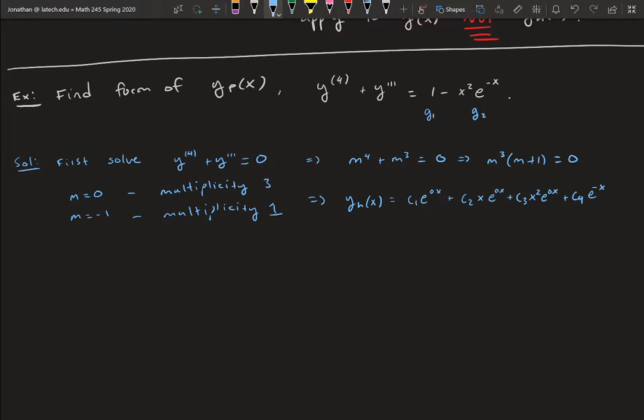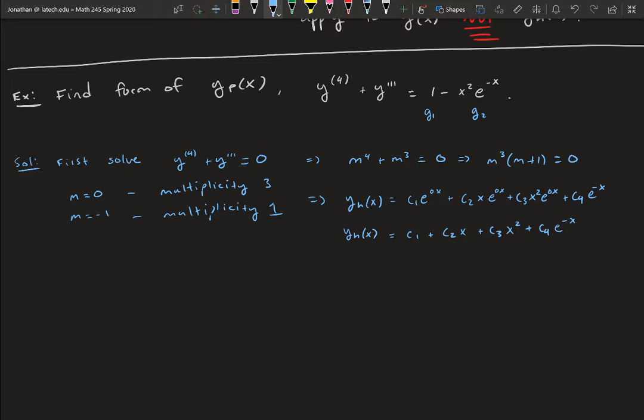And we don't write it that way. We want to plug in those zeros. So that's going to be C1 plus C2 x plus C3 x squared plus C4 e to the negative x. That's our homogeneous solution.